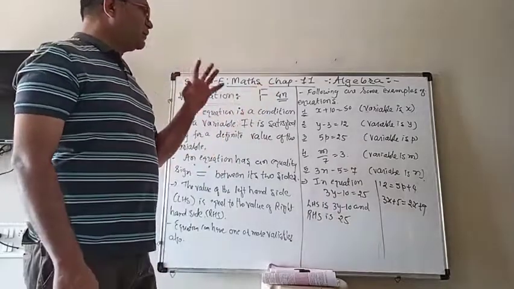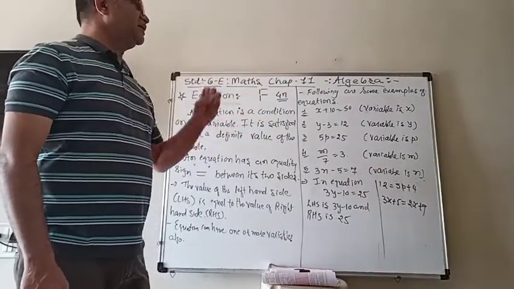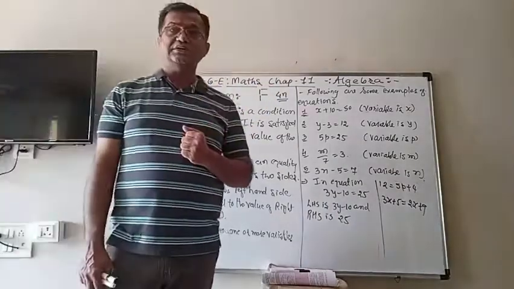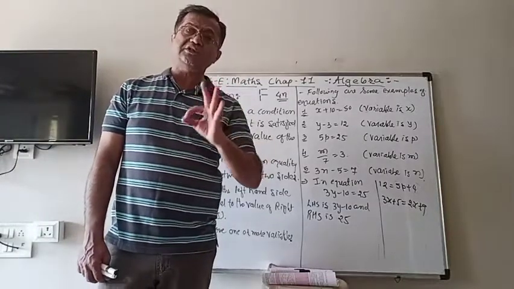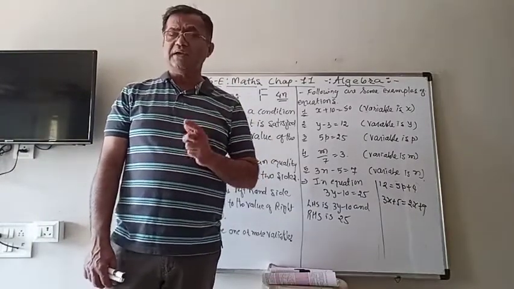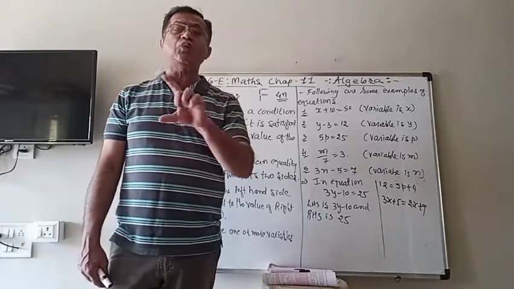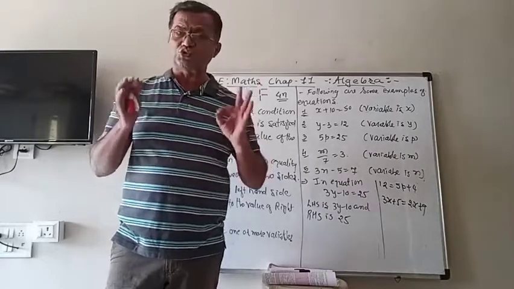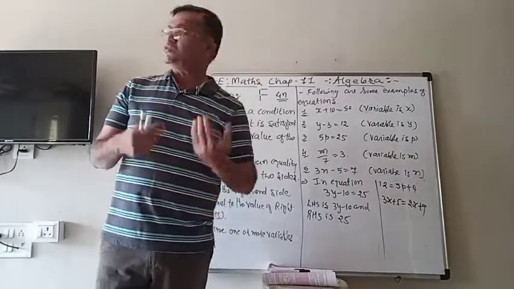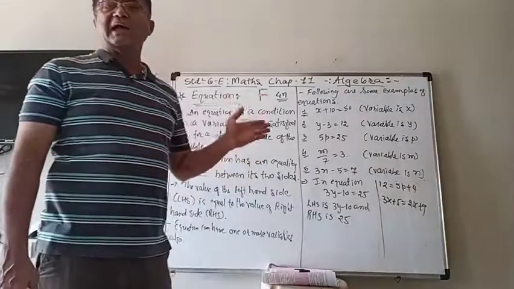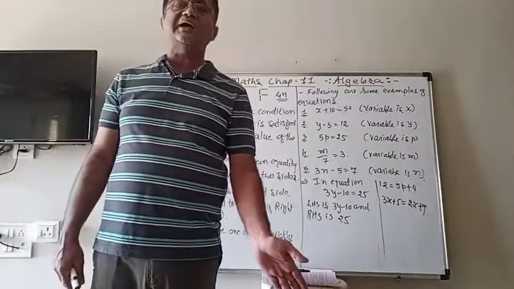So I hope the idea is clear in your mind of what an equation is. It is a condition on the variable, and it always contains an equality sign between its two sides, and the two sides are known as LHS and RHS.